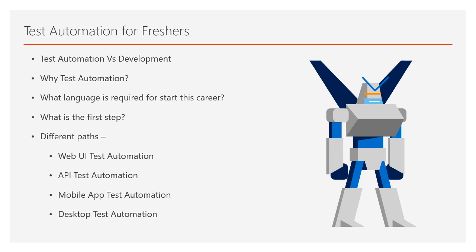The main difference between the test automation role and development is that in development you need to stick with the technology, whereas if you learn test automation and know how to build the script in one language, then you can run it on various different applications. So test automation is kind of language agnostic: you build it and run it over different technology stacks. I hope you will like this video.